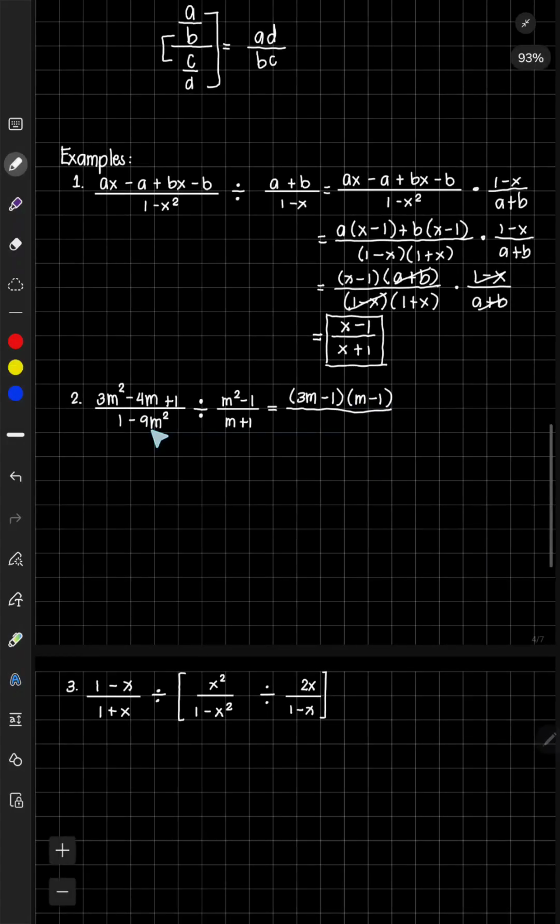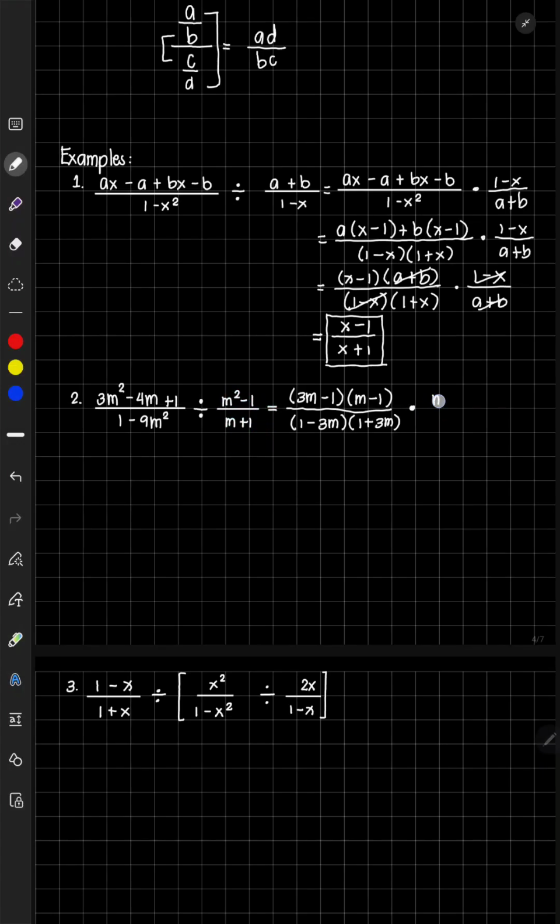So for 1 minus 9m squared, we also have a factor for that, 1 minus 3m multiplied by 1 plus 3m.